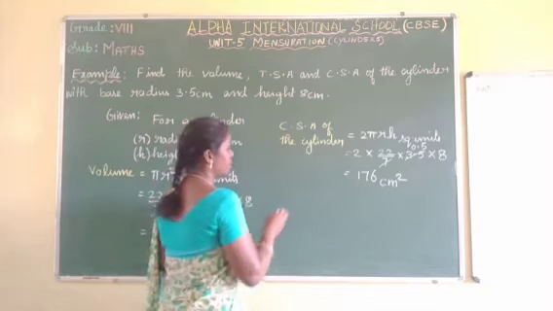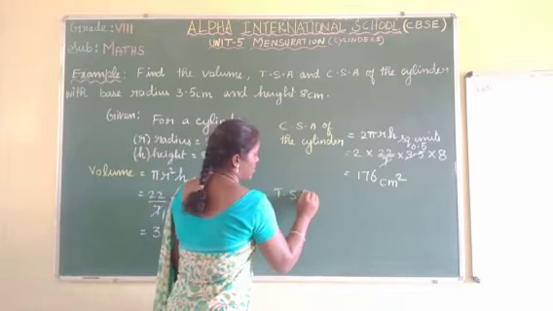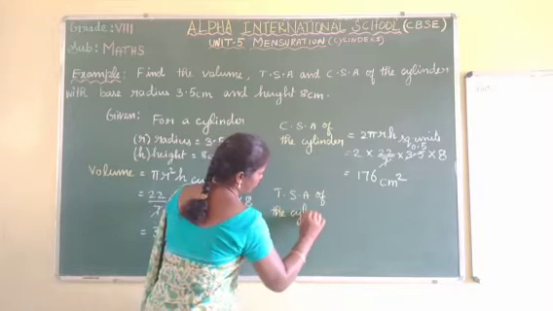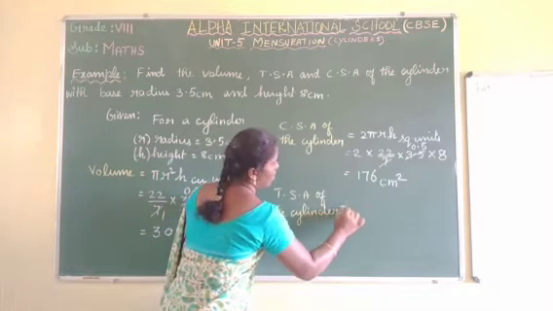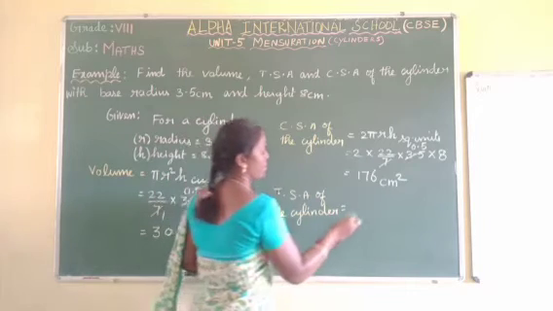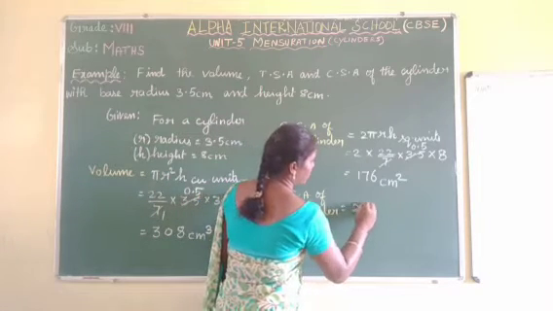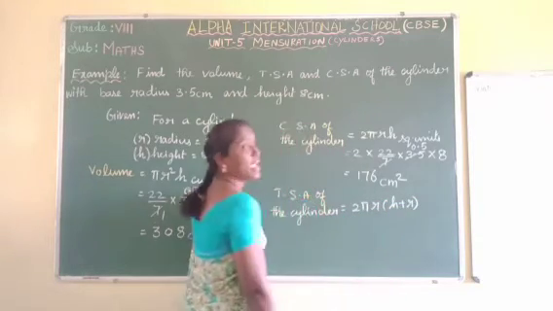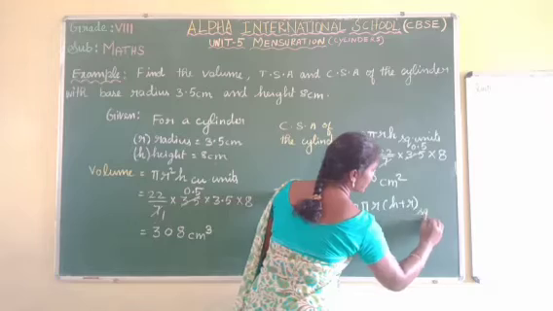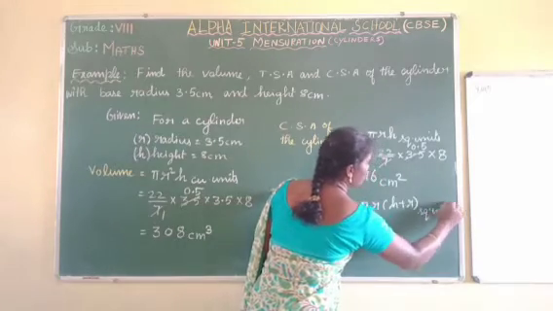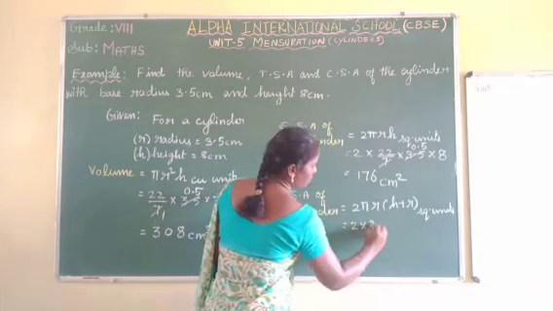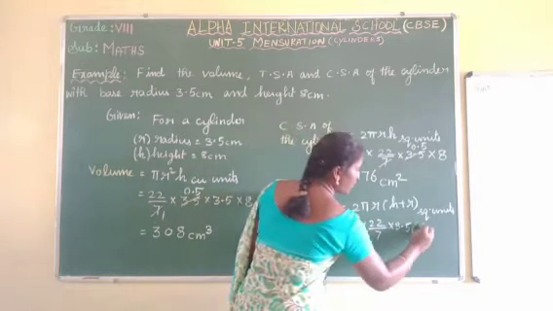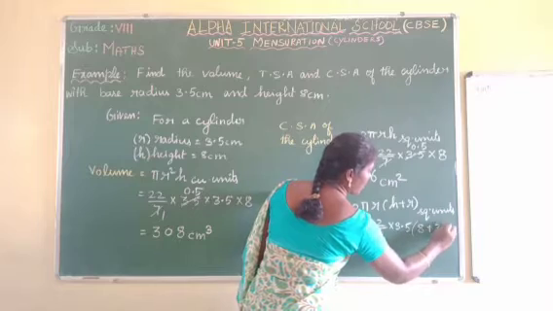Now total surface area of the cylinder. What is the TSA of the cylinder formula? 2 pi r into h plus r square units. So substitute the value, 2 into 22 by 7 into the radius 3.5 into 8 plus 3.5.